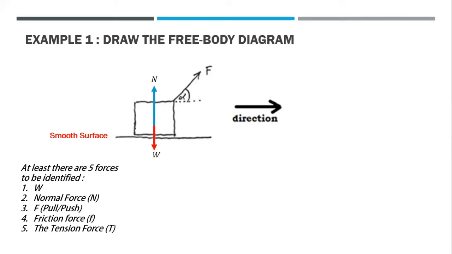Because F does not lie parallel to the x-axis, we have to do the projection. The projection will create two other forces, I mean, two forces will be created, one to the x-axis and one to the y-axis.